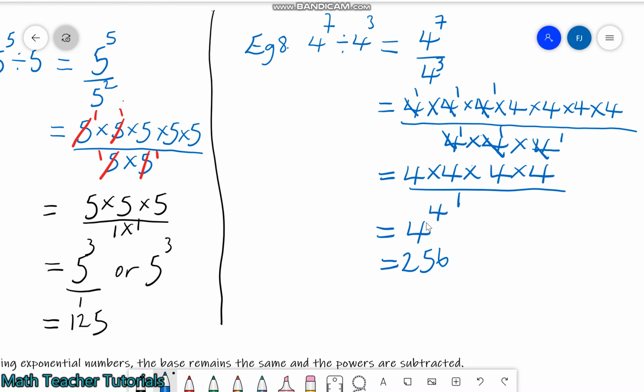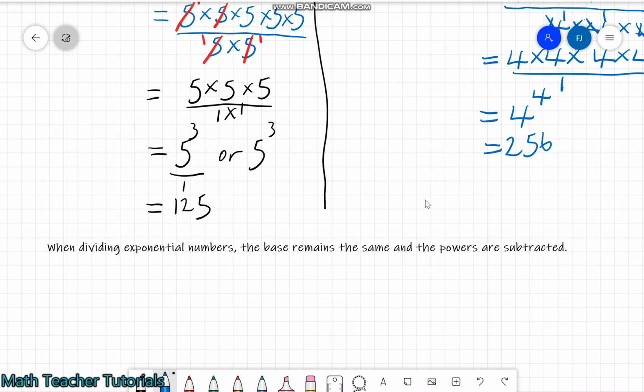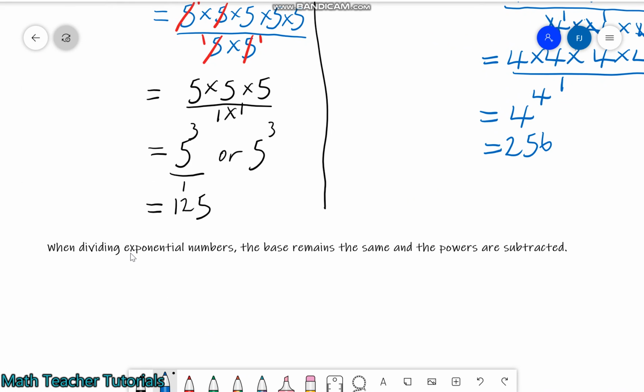So we can see again the base remained the same and the powers were subtracted. From that, we can draw the conclusion that when dividing exponential numbers of the same base, the base remains the same and the powers are subtracted.